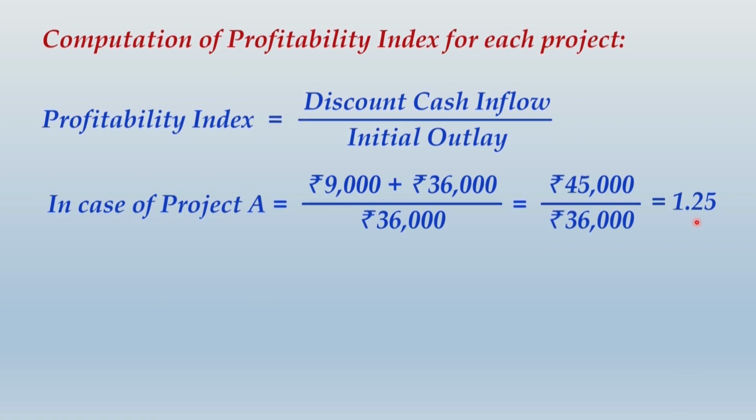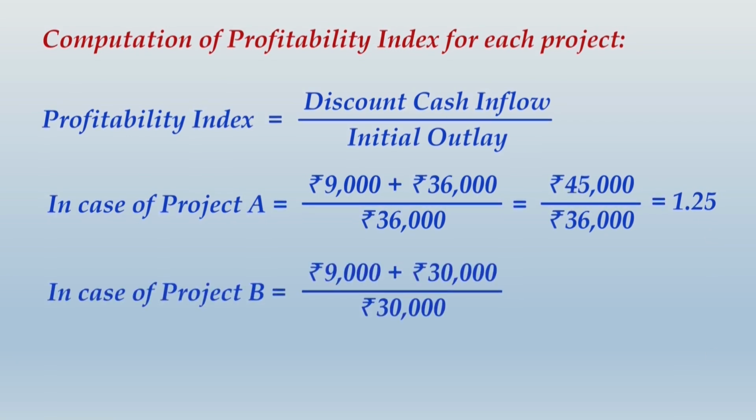I am sure you are aware of the meaning of profitability index. See, 36,000 of initial investment, that is the present value of outflow, is resulting in 45,000 as the present value of inflow. That means for every 1 rupee of outflow, your inflow in terms of present value is 1.25, and when you make that calculation for project B, it turns out to be 1.30.